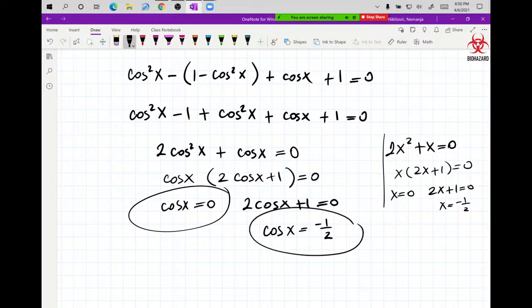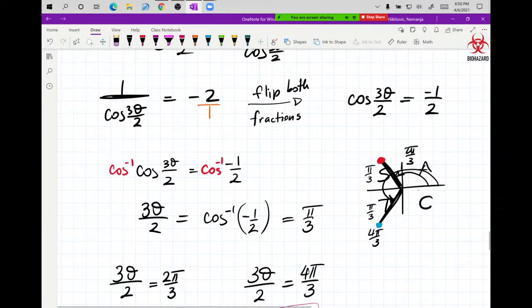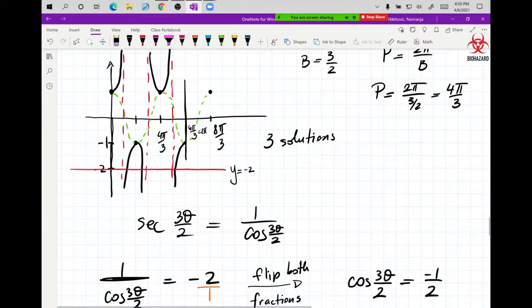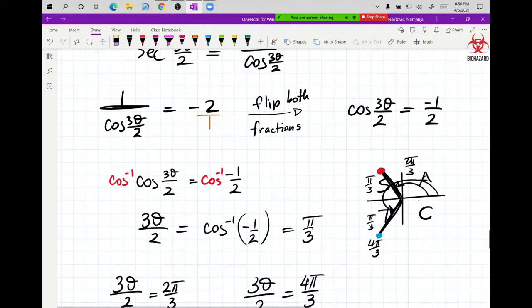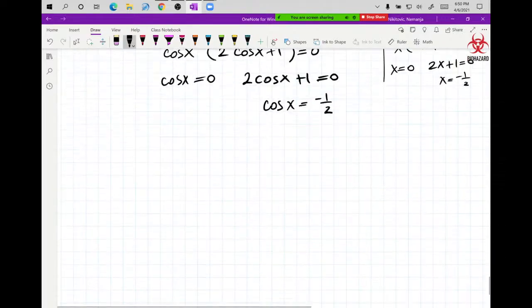One will give you a number of solutions, the other one will give you some solutions, and then you put all of those solutions in a pile, and those are all of your solutions. Now, I think we solved cosine equal negative half somewhere. Right here, right? Yeah. Cosine equal negative half is pi over 3. Awesome.